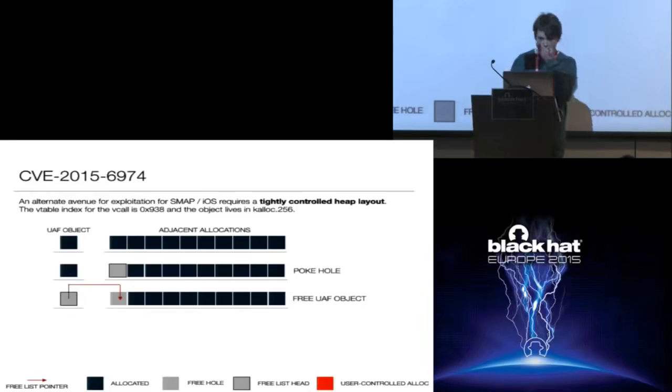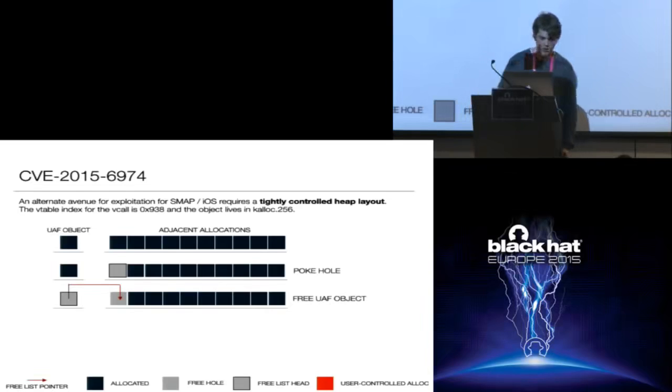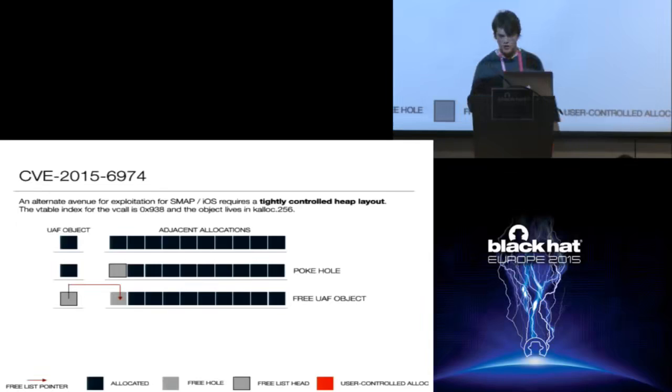And when you do this, the memory layout of the free chunk will look very similar to the C++ object's memory layout, because essentially a free chunk's first 8 bytes are a pointer to the next free chunk. And the first 8 bytes of a C++ object are a pointer to the vtable. And as such, they're both pointers.